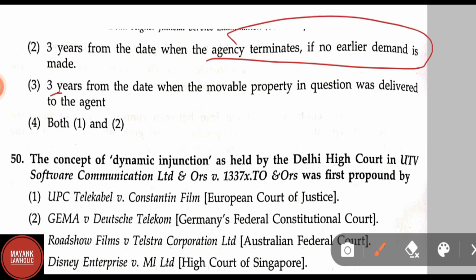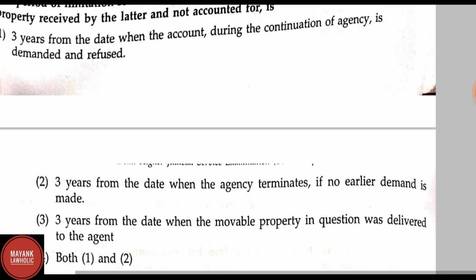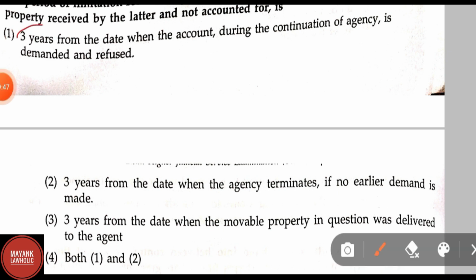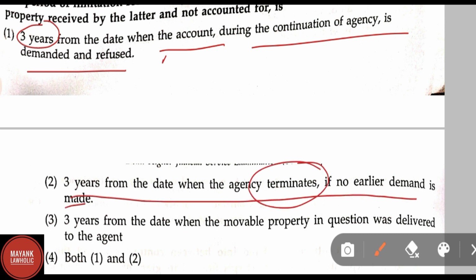Option 3, 3 years from the date when the movable property in question was delivered by the agent. And option 4, both 1 and 2. Here the correct answer is option 4, both 1 and 2. That is, 3 years from the date when the account during the continuation of agency is demanded and refused, and 3 years from the date when the agency terminates if no earlier demand is made.